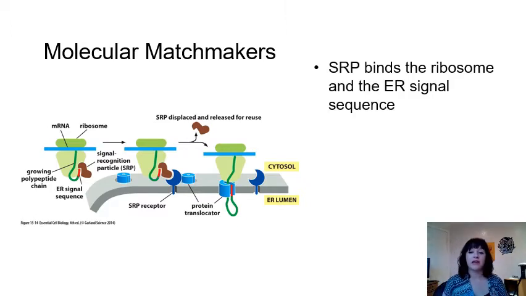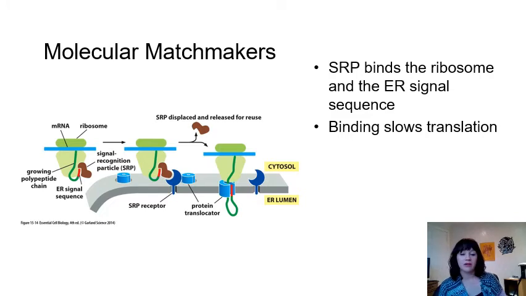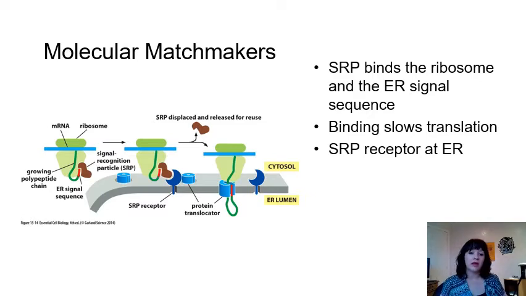Again, the SRP binds the ribosome and the correct signal. So if it sees there's an ER signal on the newly forming polypeptide, it will bind to that, and it will slow down translation. The ribosome takes a minute, pauses, and the SRP is recognized by the SRP receptor on the surface of the endoplasmic reticulum.